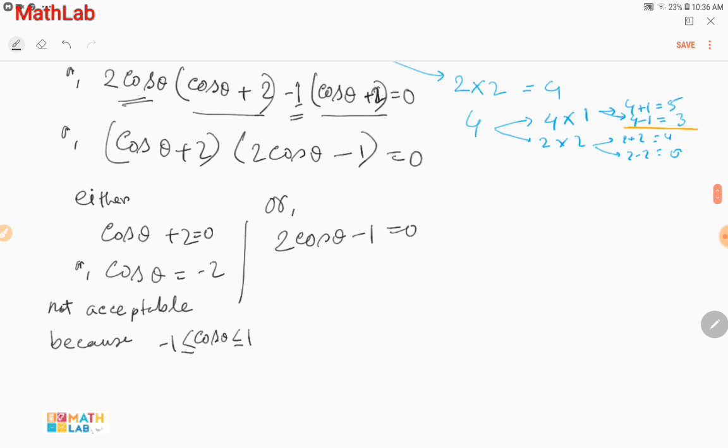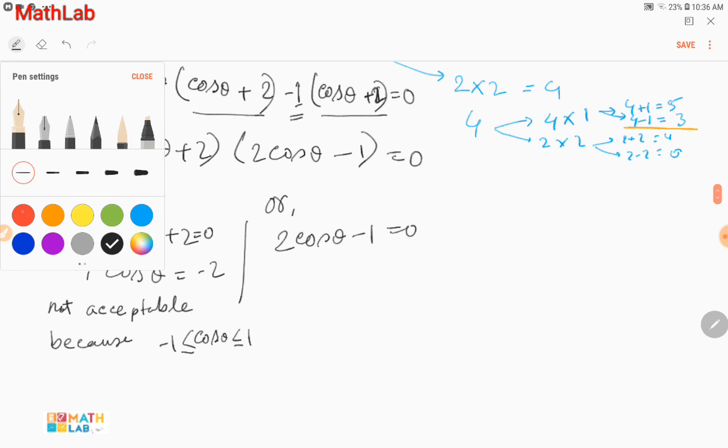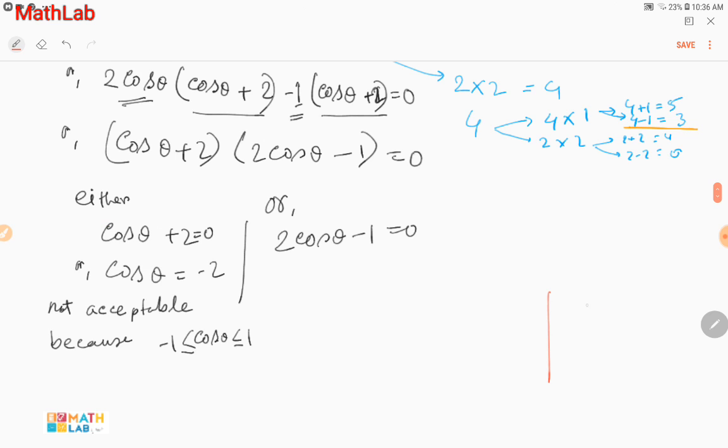We know that the highest value for sin theta and cos theta is 1 and the lowest value is minus 1. All values of sin theta and cos theta lie between 1 and minus 1. So this is not acceptable.